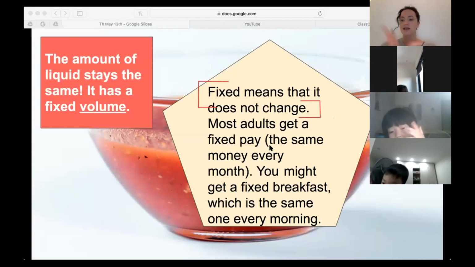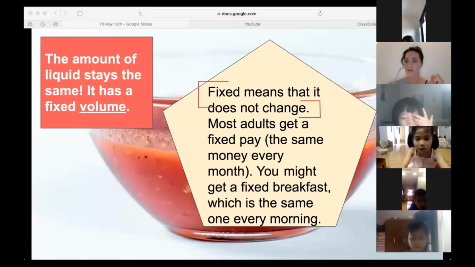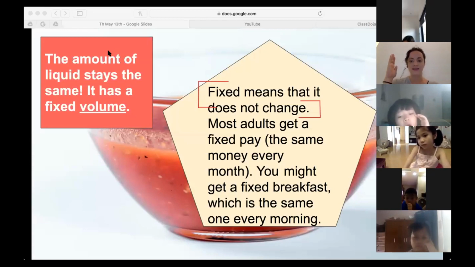It's fixed. It does not change. You might get a fixed breakfast, which is the same one every morning. Does anyone else have something fixed they can think of? Something that does not change?